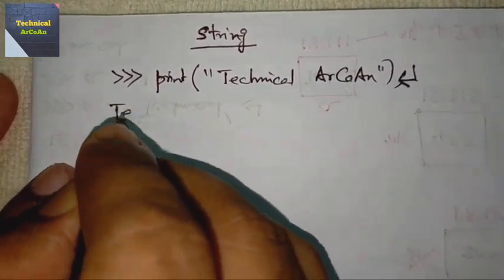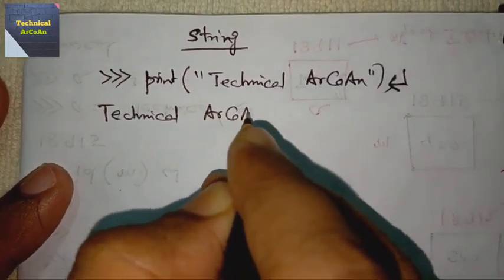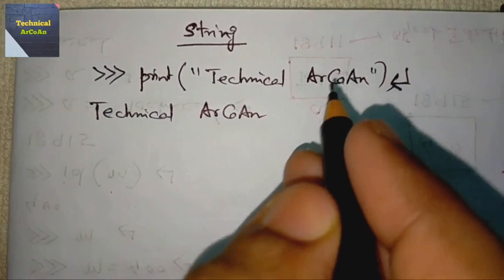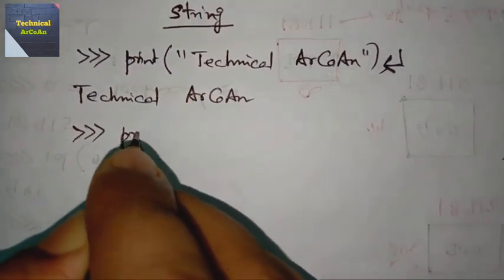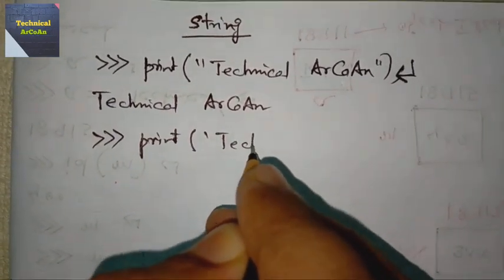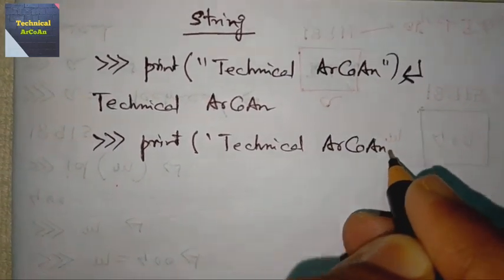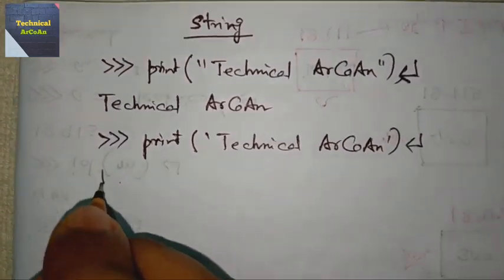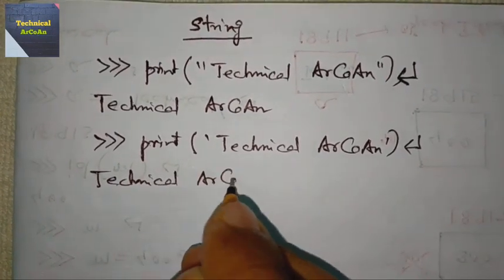It will print technical arcoen as output, because the string is given within double quotes and it's a string literal. A string can also be written in that format: write print and within single quotes technical arcoen and press enter. It also prints the same string literal as output.